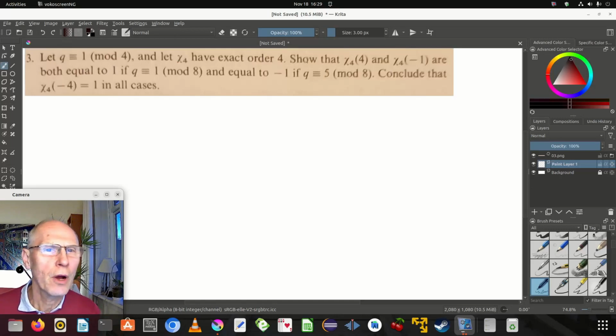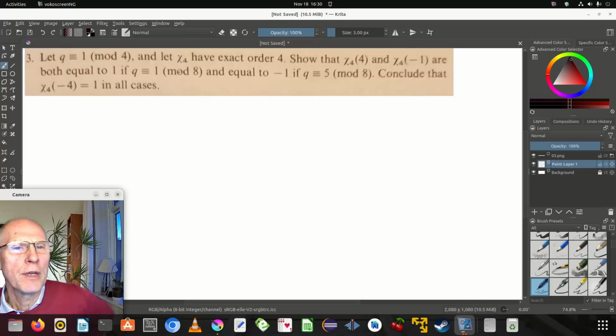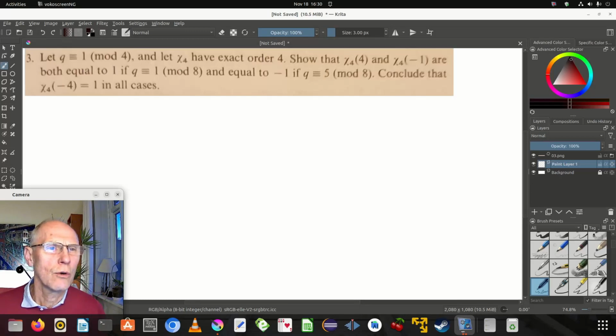We are operating with Psi 4 and we have a Q equivalent to 1. So will there be one of exact order 4?